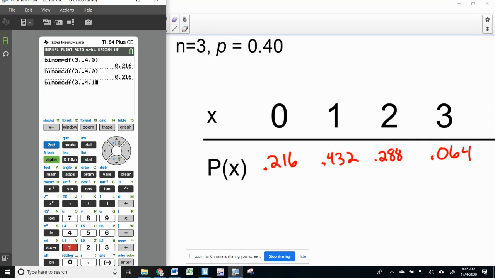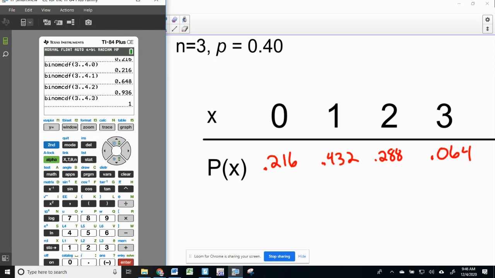It's not going to be the same. I don't get 0.432. What do I get? What happens if I put a 2 here? See if you understand what's happening right now. If I put a 3 there, what should happen? My answer should be 1.